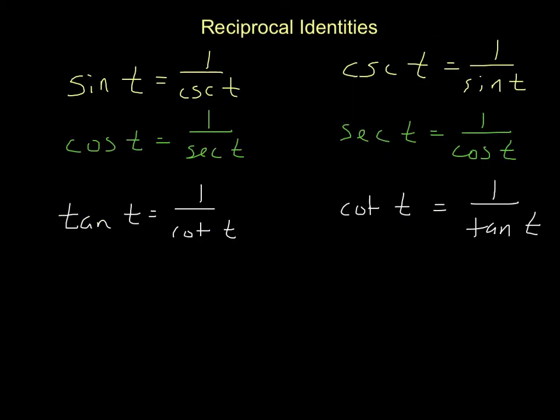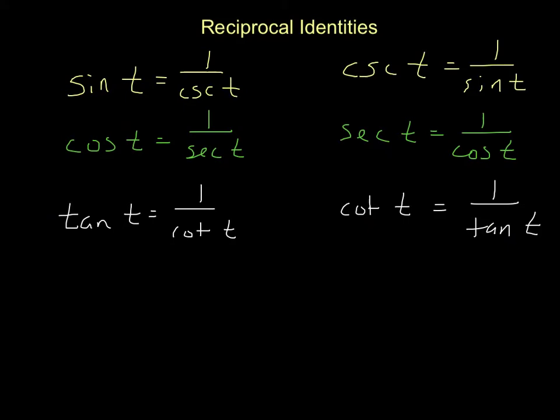Okay. So here are all of our reciprocal identities, which can be found by doing just what we did in the previous slide. The sine of t is the reciprocal of the cosecant. If I take 1 over cosecant, then I get sine. And likewise, the cosecant being the reciprocal of the sine, if I take 1 divided by sine of t, I'll actually get cosecant of t.